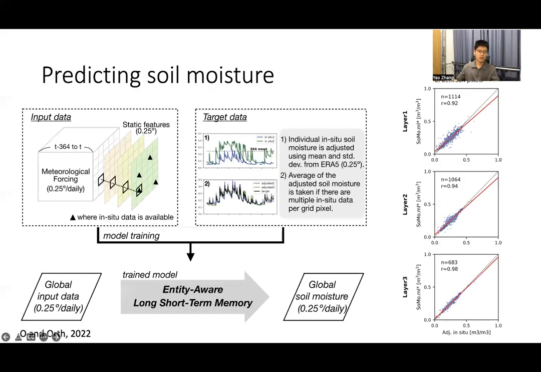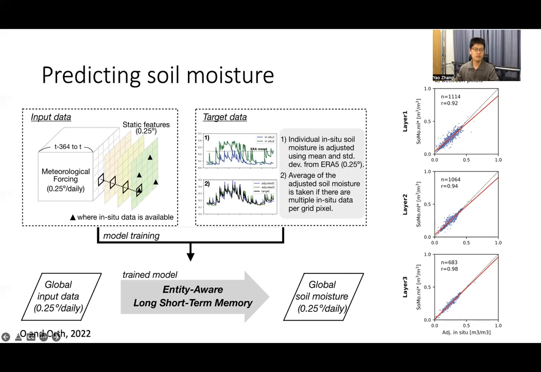So lastly, we will introduce some application examples from previous studies, so that you will know what LSTM really does in research. The first example is that the LSTM is used to predict global soil moisture based on satellites and other observations.